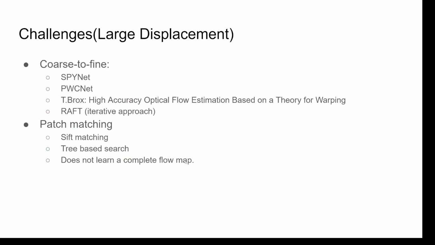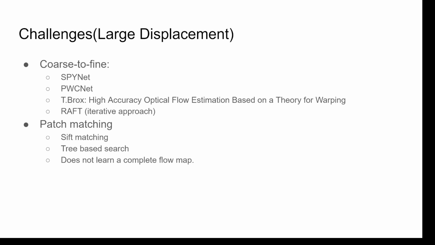And also there is large displacement problems. As we talked about earlier, most people adopted a coarse-to-fine method. There's SpiNet, PWCNet, and most recently Raft. And if we trace back, it is quite well studied using a warping theory by Thomas Brox.